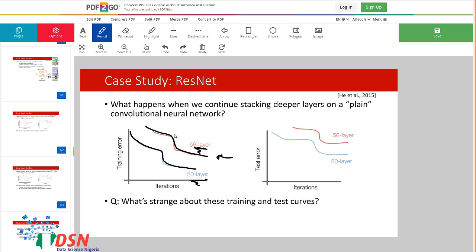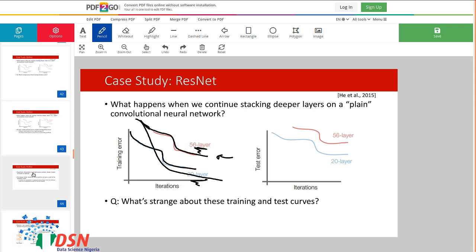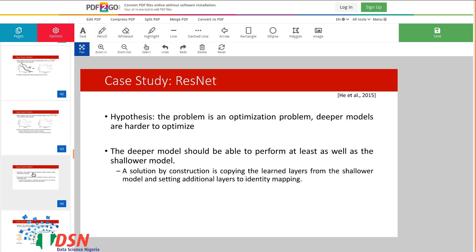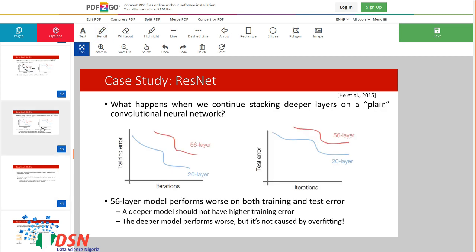And it is not actually related to overfitting, because at least we expect that this network with lots of complexity could achieve a really good training error, though it may overfit. But the problem is not overfitting. The problem in fact is the optimization of this network.